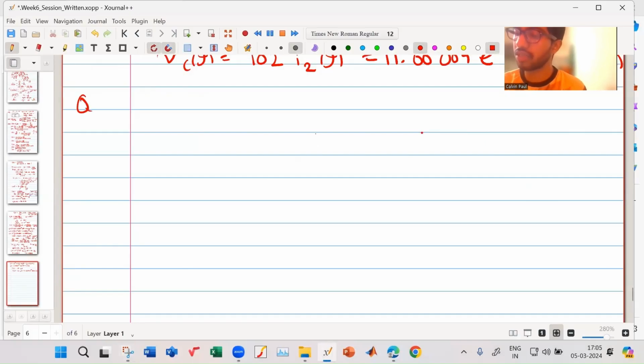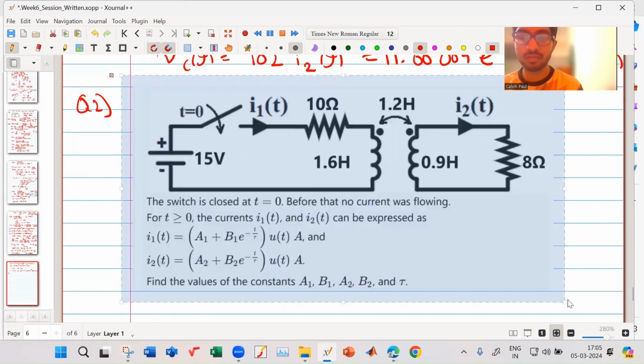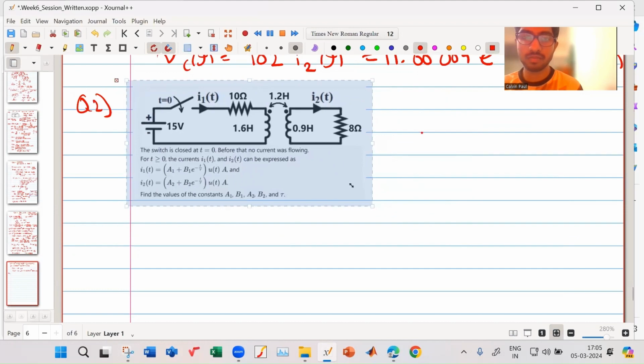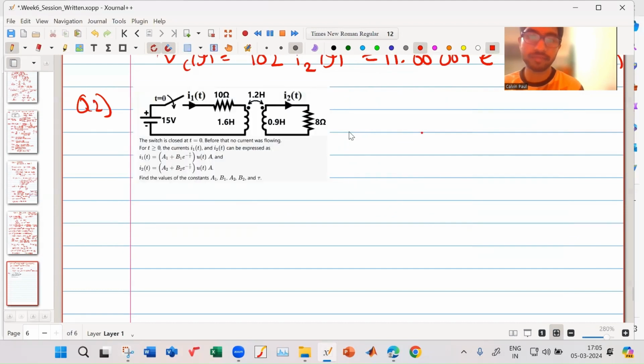So this is question 2. This is my circuit. Can anyone tell what this 1.2H represents?